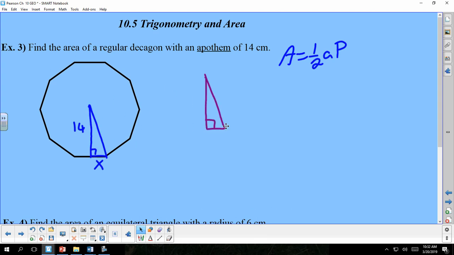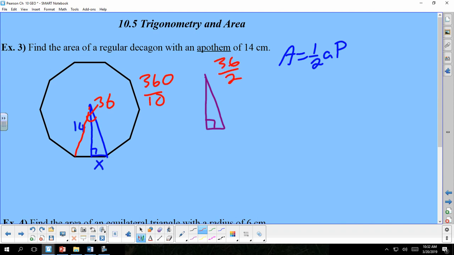So first, find this central angle. Central angle, 360 divided by 10. So this whole thing is 36. And then we're going to take 36 divided by 2. And this is 18 degrees. I have this is 14, and I want to solve for that x. Let's label our triangle.